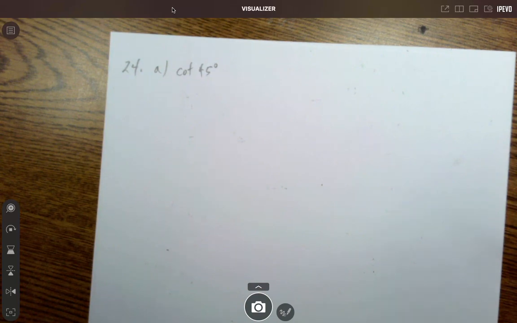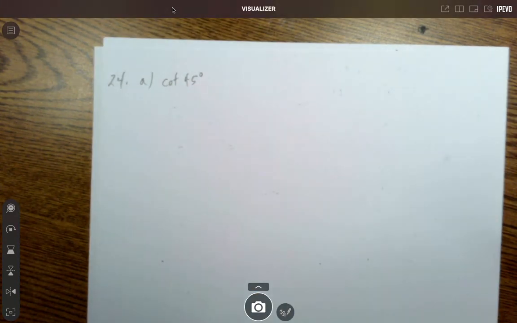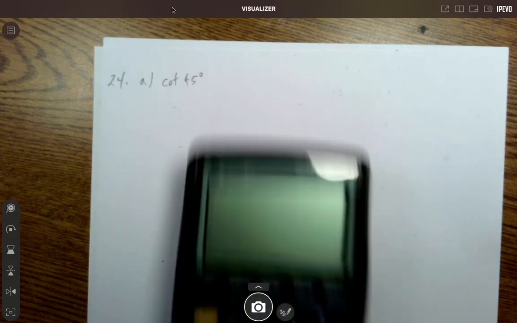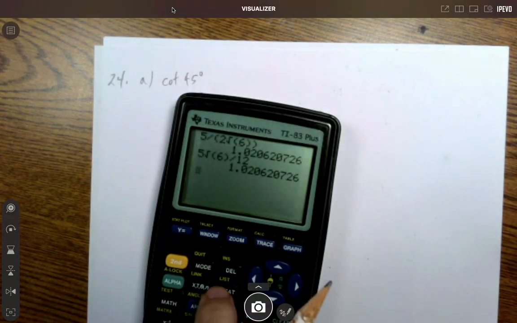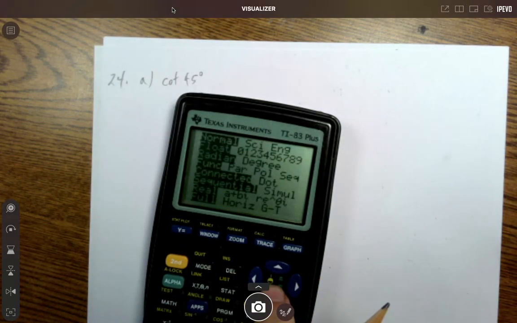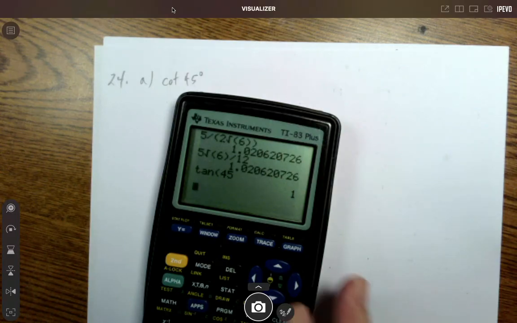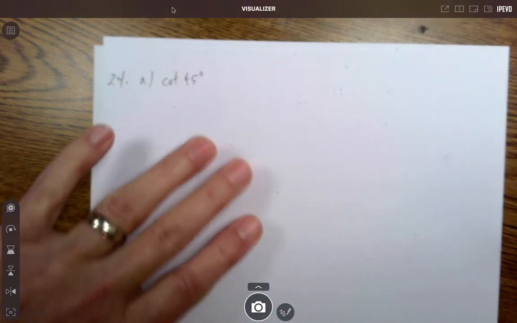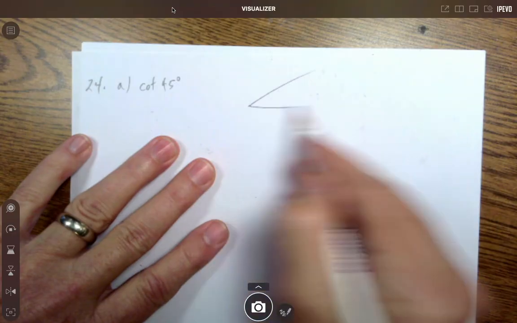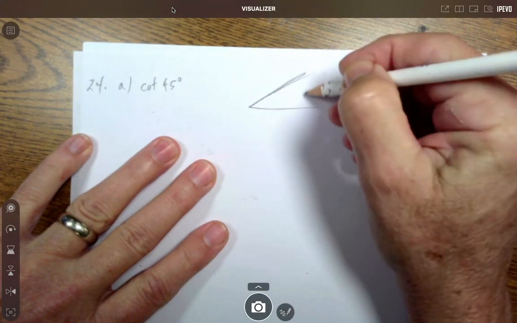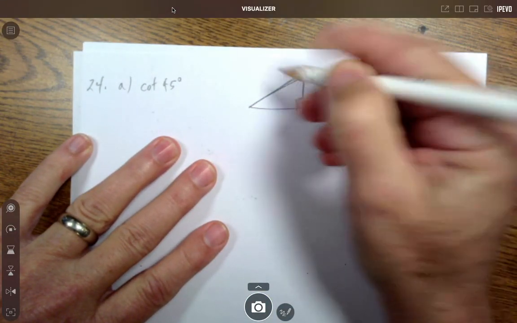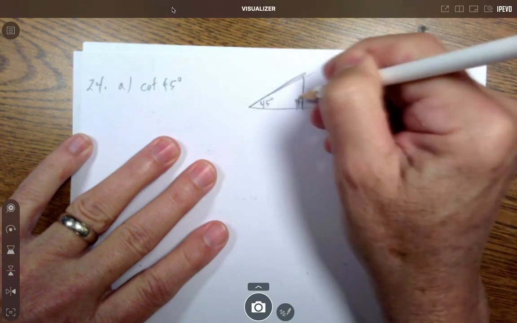Now, of course, we could just cheat, right? You just make sure you go to your mode and you're in degree mode. And then if I do tangent of 45 degrees, I should get 1. Why is it 1? Well, because in a 45-degree triangle, if this is 45, then this is 45.